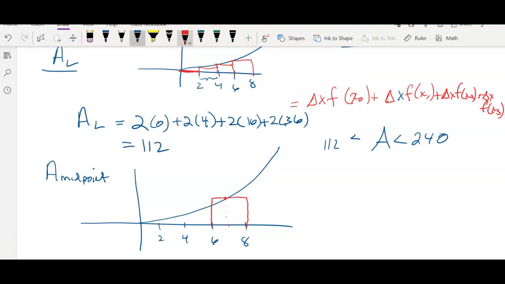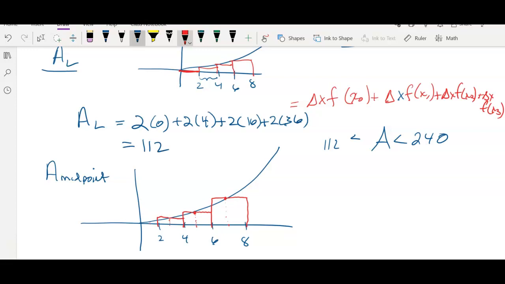Why is that a better approximation? It's going to give some under and some over. So between 4 and 6, draw a dotted line up to the curve and then draw your rectangle. All right, dotted line up to the curve, draw your rectangle.